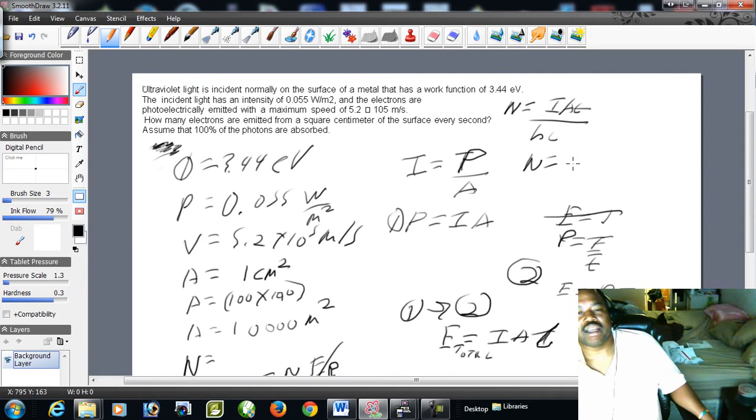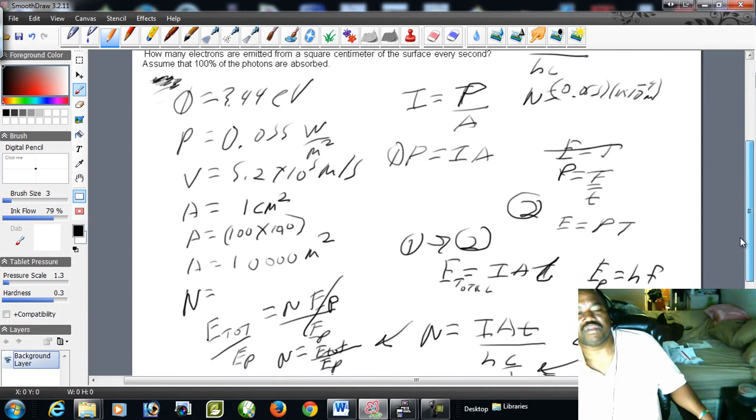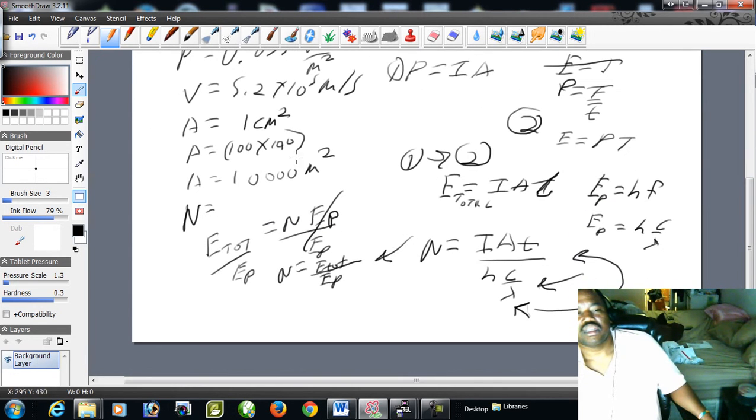Let's see what we got here. I got some I, you got some I. My area turns out to be 1 times 10 to the negative 4 meters. Let me go back and check something for a second. So area is 1 over 4.